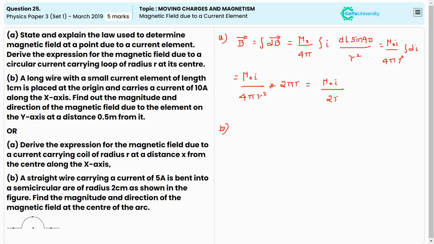Then for the second question, a long wire with a small current element of length 1 centimeter is placed at the origin and carries a current of 10 amperes along the x-axis. Find out the magnitude and direction of the magnetic field due to the element on the y-axis at a distance 0.5 m from it. Okay, then the given data, length of the wire is equal to 1 centimeter, current carried is equal to 10 amperes.